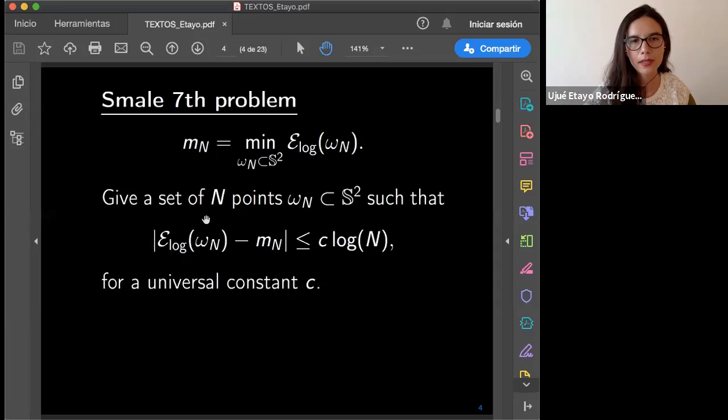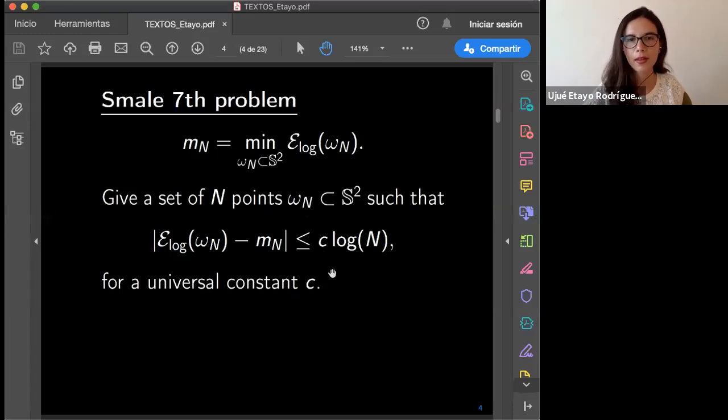The logarithmic energy of the set of points that the problem is asking for has to be close enough to the minimal logarithmic energy, at least up to a log n term, when n is the number of points. This is, of course, a result with asymptotic flavor, because here I worry especially when the number of points goes to infinity.